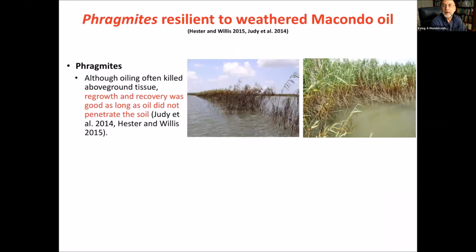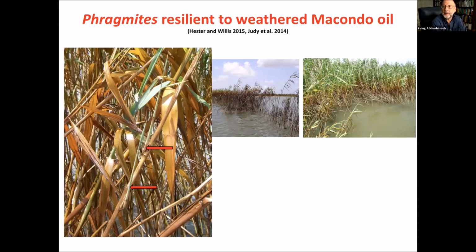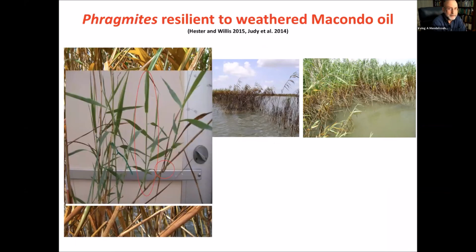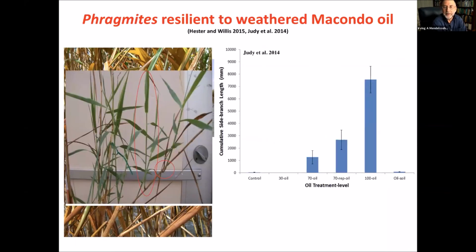Although oiling often caused necrosis of above ground leaves and stems of Phragmites, regrowth from oiled stems was apparent and very rapid. These are new shoots from oiled stems in the greenhouse. The production of these new shoots was absolutely incredible.